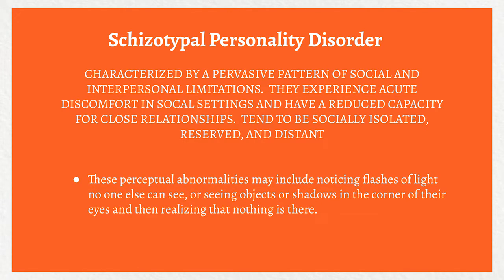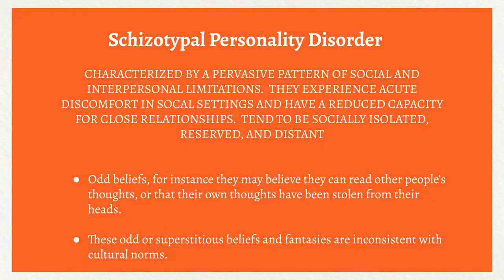Sometimes a person will say, well, I'm not actually seeing anything, but I get this out of the corner of my eye, like something's there or something's moving. Or belief systems are very odd. Yes, sometimes they'll believe they almost have a magical power on some level, or there's something special about them that is different than other people, that they have some special power or way of doing something.